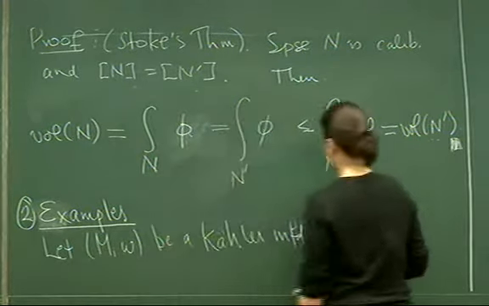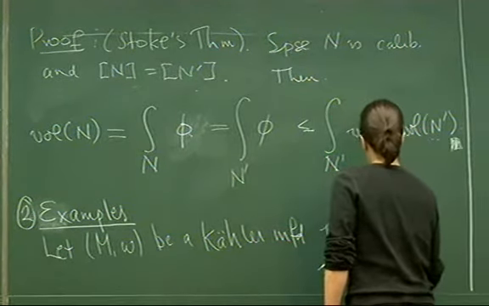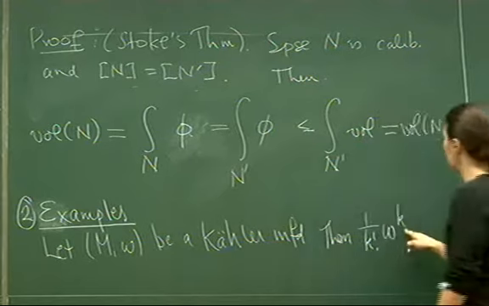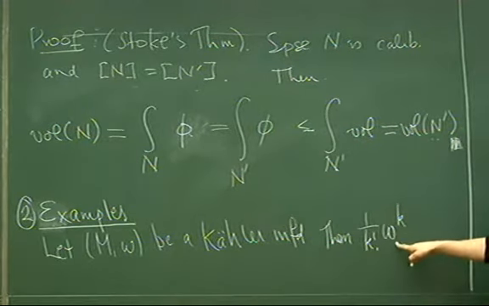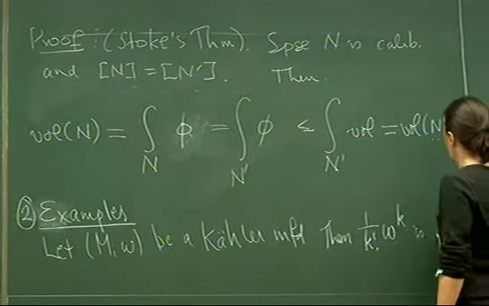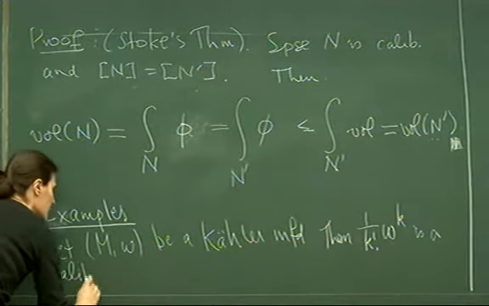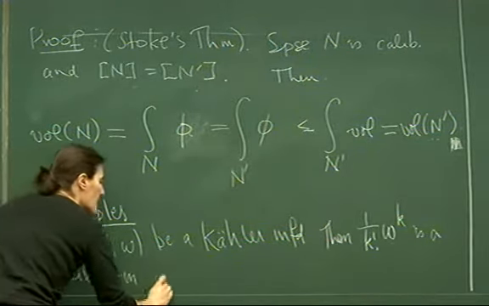So omega is the Kähler form. Then Wirtinger's inequality implies that the kth exterior power of your 2-form, Kähler 2-form, appropriately normalized, is a calibration.